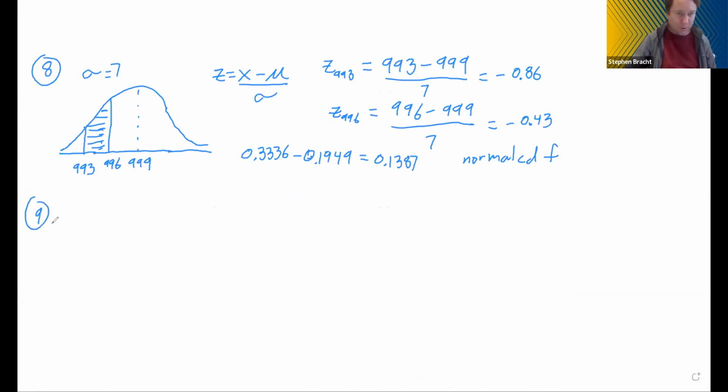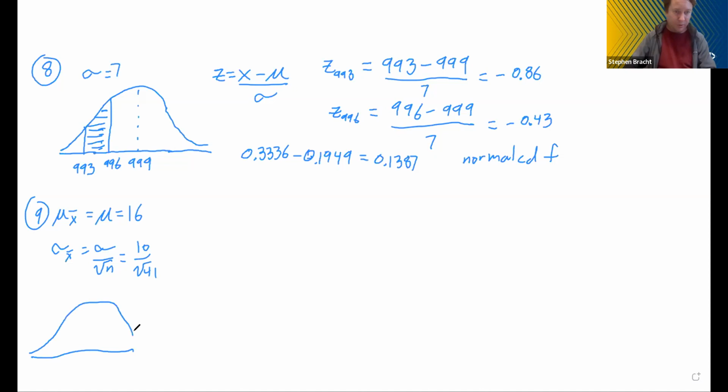Central limit theorem says that the mean of the sampling distribution will be equal to the population mean, which in this case is equal to 16. Standard deviation of the sampling distribution will be population standard deviation over the square root of n, or 10 over the square root of 41. And because the sample size is greater than 30, this will be a normal distribution.